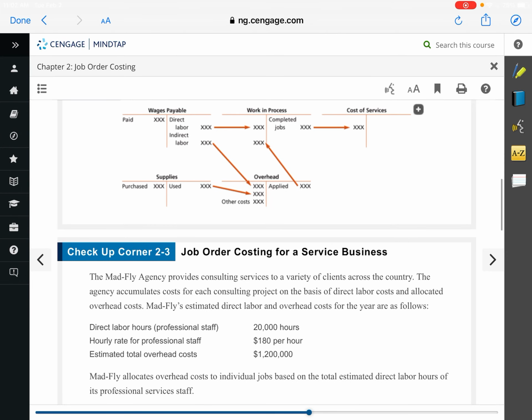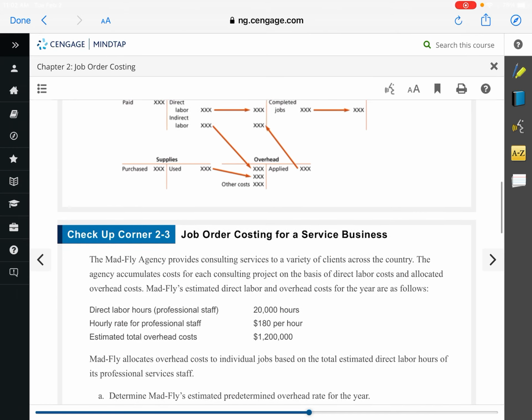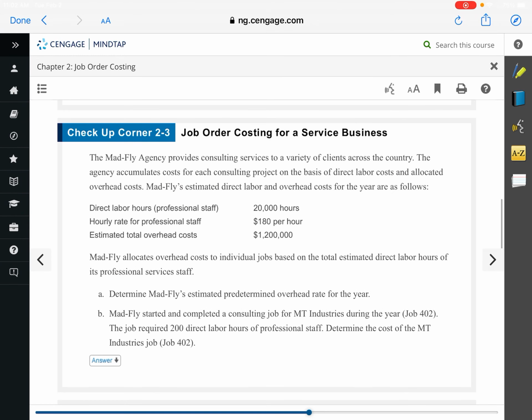Let's see here. All right, so let's look at Checkup Corner 2-3. It says the MadFly agency provides consulting services to a variety of clients across the country. The agency accumulates costs for each consulting project on the basis of direct labor cost and allocated overhead cost. Their estimated direct labor and overhead for the year are as follows.